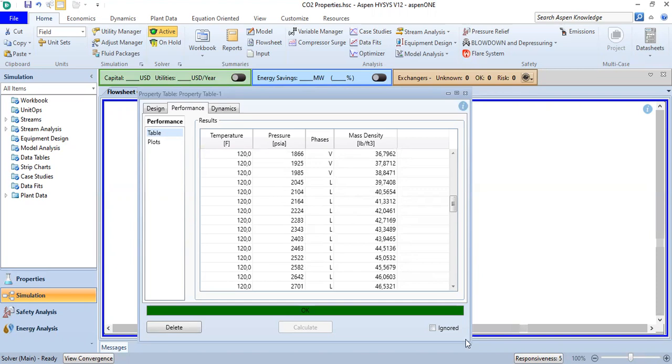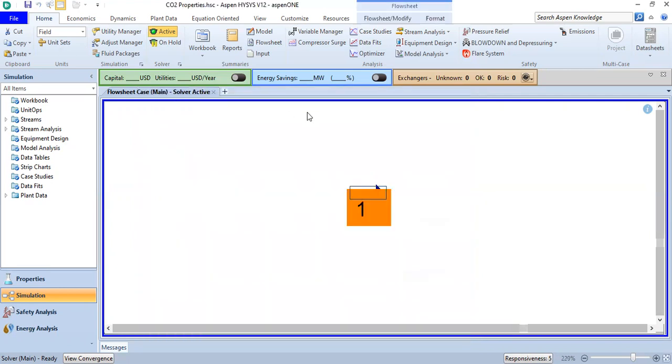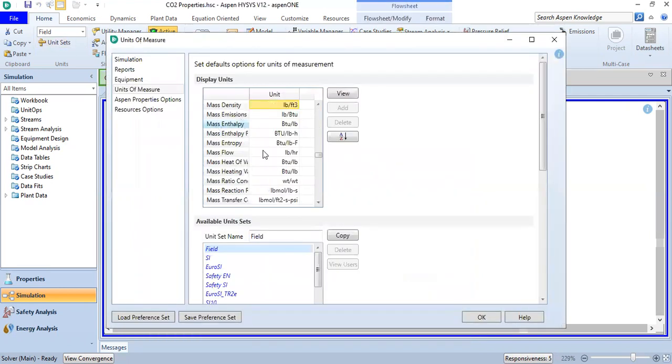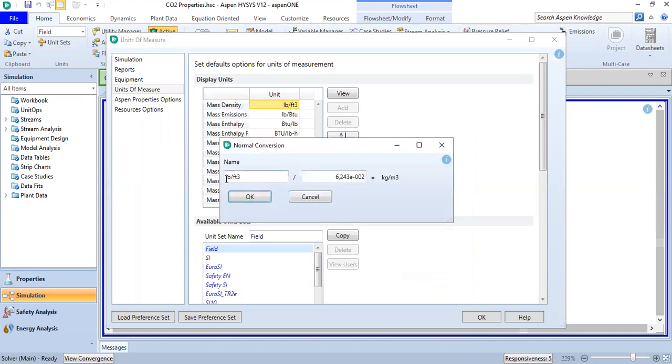Okay, and then I want to convert it to kilogram per meter cube. So I go to unit settings and then I double click the mass density. So 1 pound per cubic feet. Oh, I misunderstood the message here.